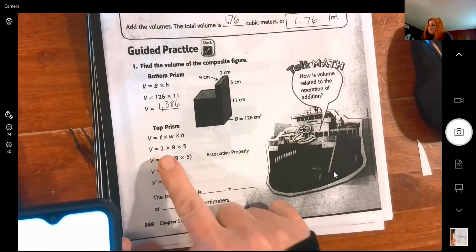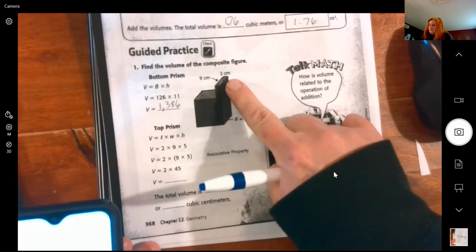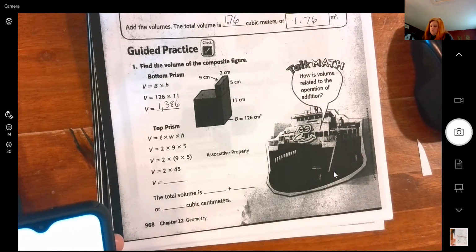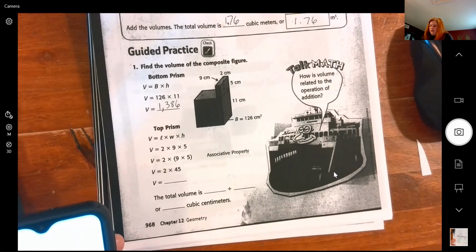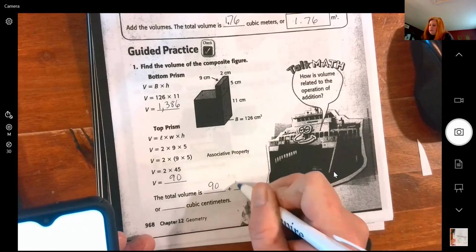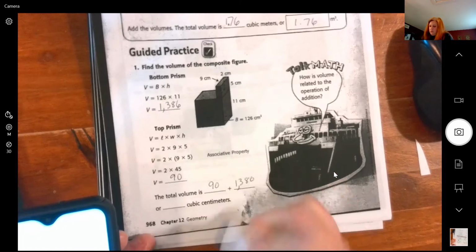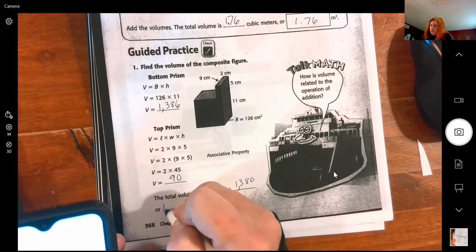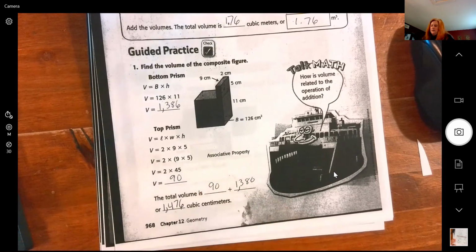Then we're doing 2 times 9 times 5. Oh, that was this one. 2 times 9 times 5, which is 90. Then we're going to add them together. Doesn't matter what order because of the commutative property of addition. And we get 1,476. Easy peasy, lemon squeezy.